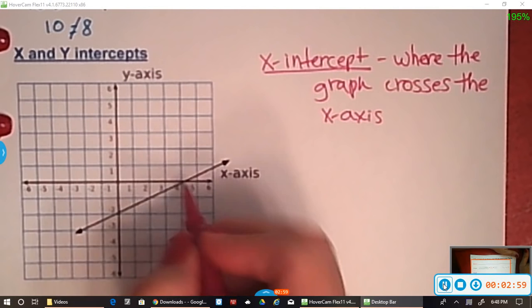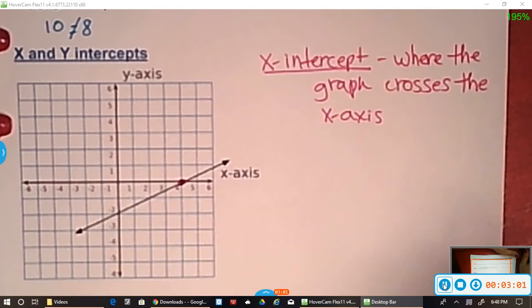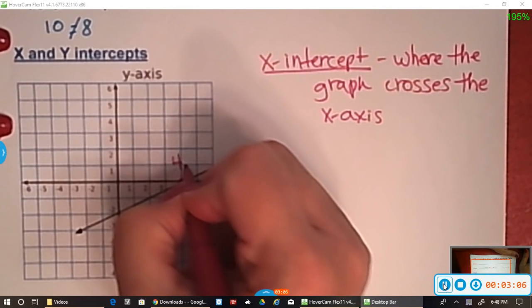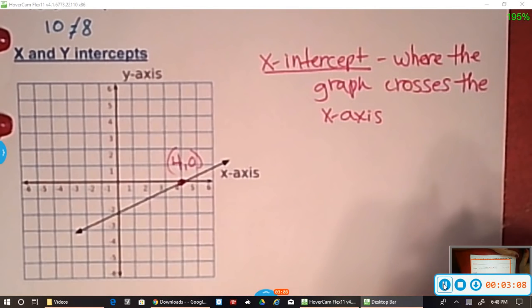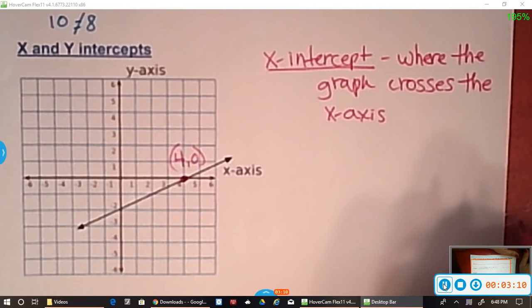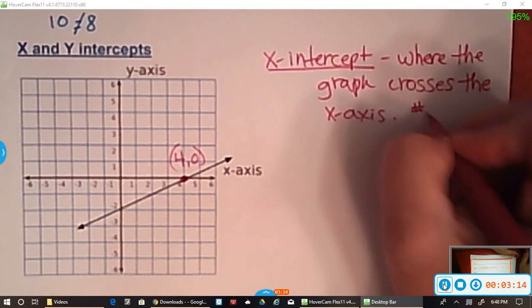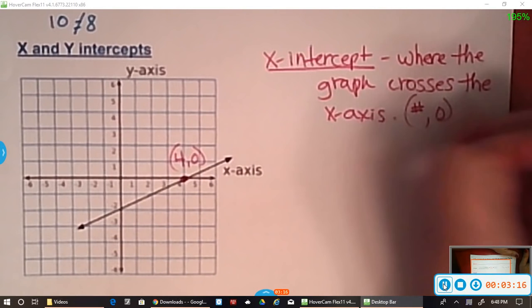So here, at this point, that's where my graph crosses the x-axis. That ordered pair is 4, 0. For every x-intercept, your ordered pair is going to be a number, comma, 0.